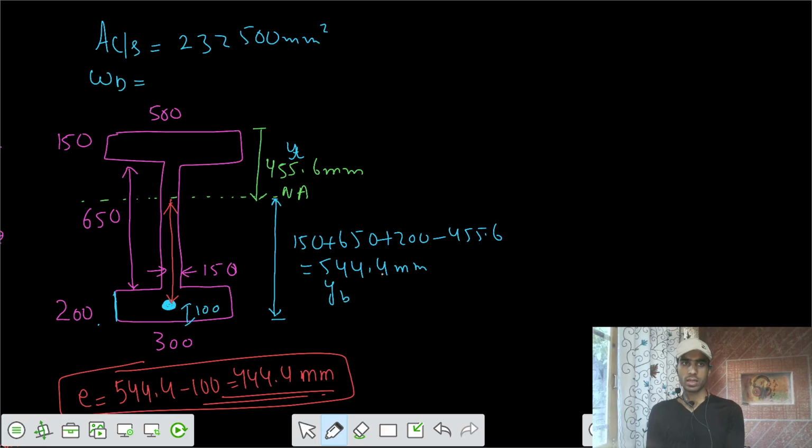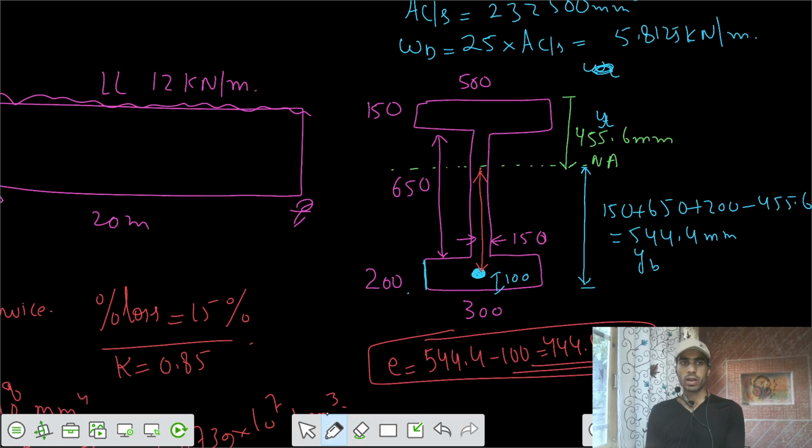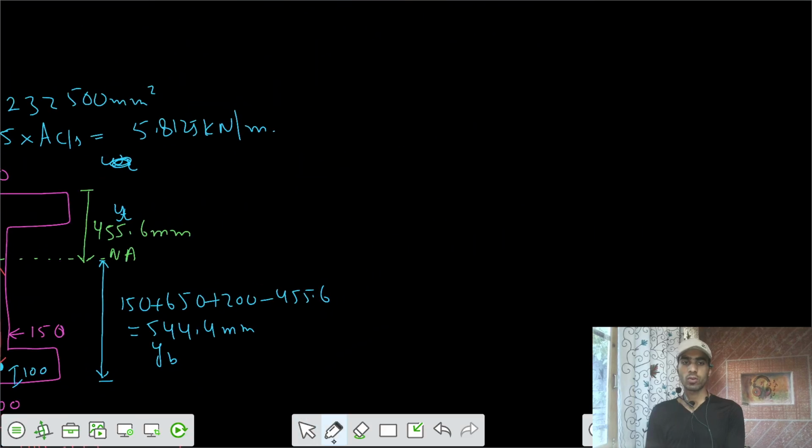And one more thing is there. Dead load is equal to 25 times the area of the cross section, so dead load is 5.8125 kilonewton per meter. And live load we also know. The beam is simply supported, with a 20 meter span. UDL is there for live load, and dead load is also there, so we calculated the moments also.